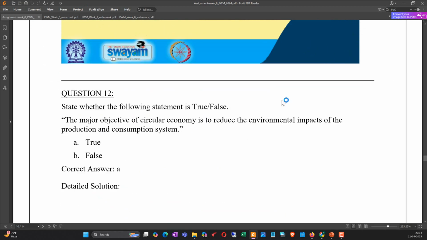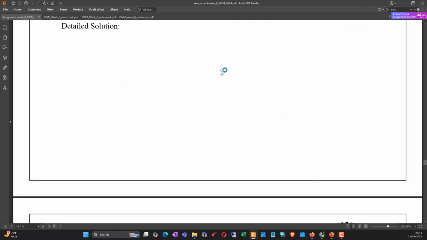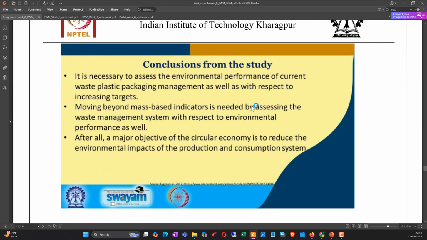So the next question is this one. Here this option A is correct, and the solution to the same is, from the study, what was the conclusion? It is necessary to assess the environmental performance of current waste plastic packaging management as well, with respect to the increasing targets, right? So moving beyond mass-based indicators is needed by assessing the waste management system with respect to the environmental performance as well.